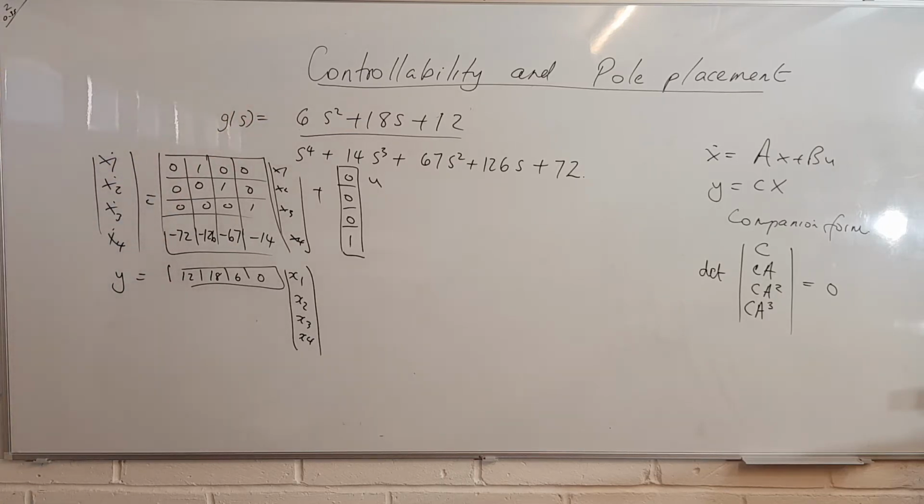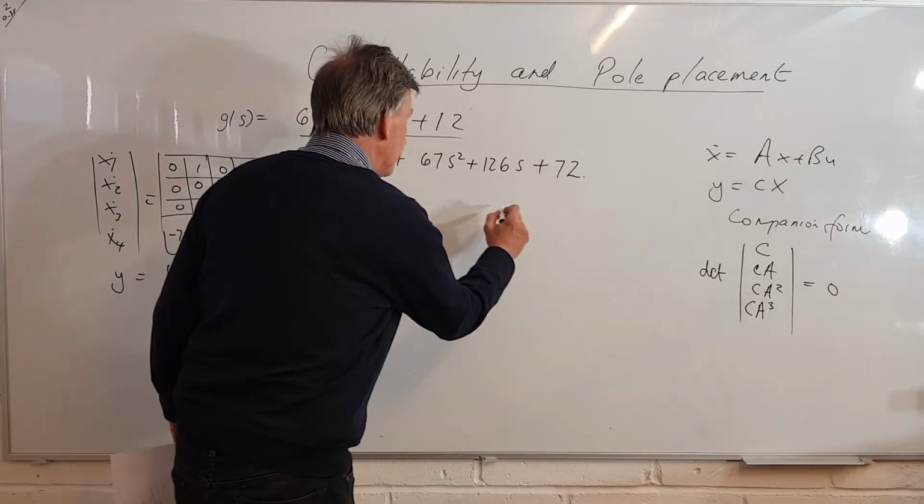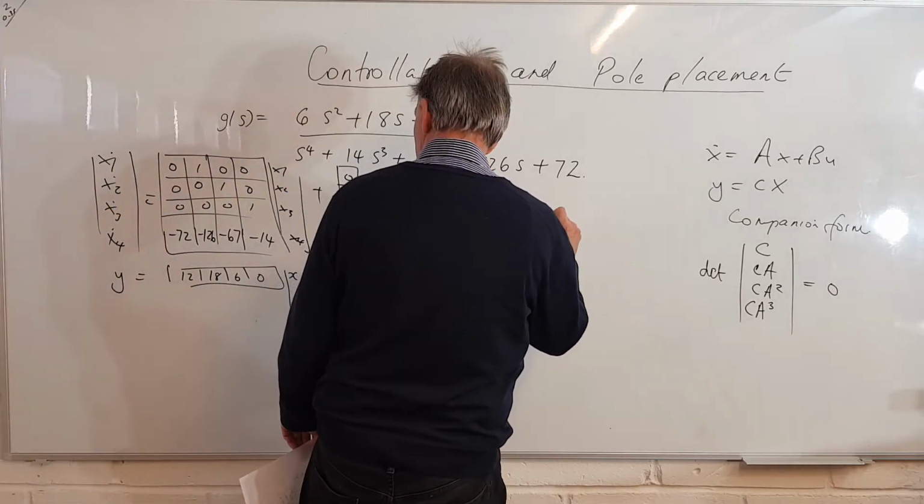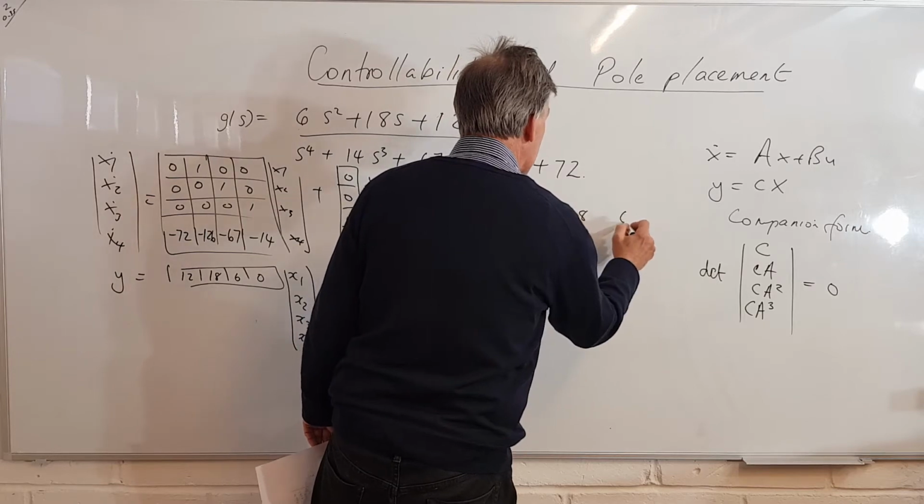So the next thing we have to do now is to compute the controllability matrix, or in this case observability matrix. So we can write down C first. So that's going to be 12, 18, 6, 0.